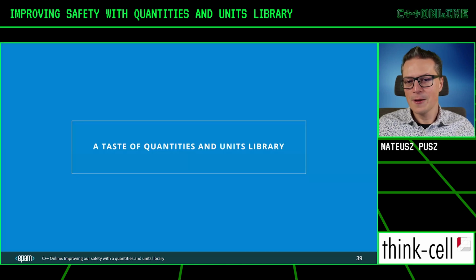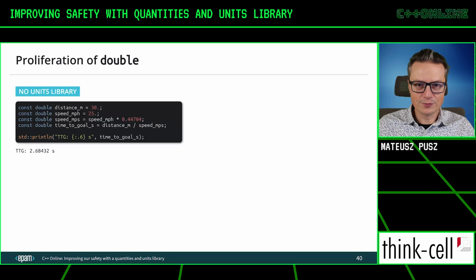And let's see how actually the units library can improve your code, assuming that you are somewhere still in the double length world. If you're in the double length world, then hopefully you're paying a lot of attention and tracking all of the units you use all the time, right?